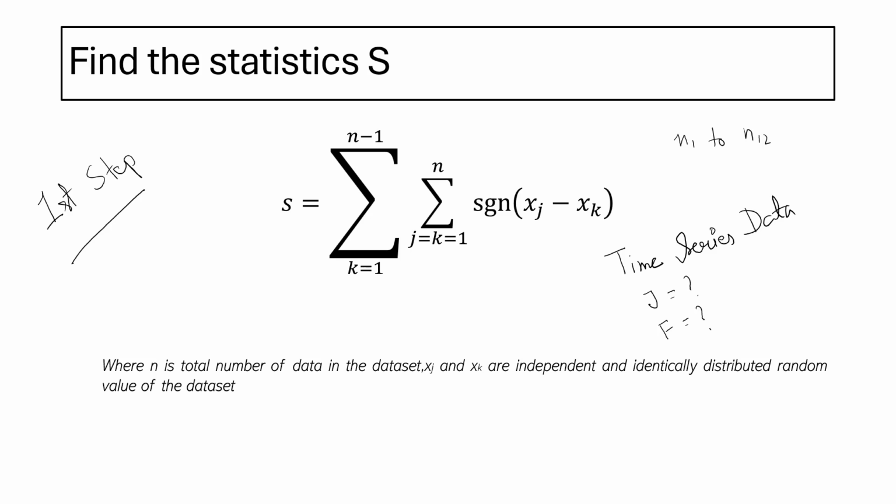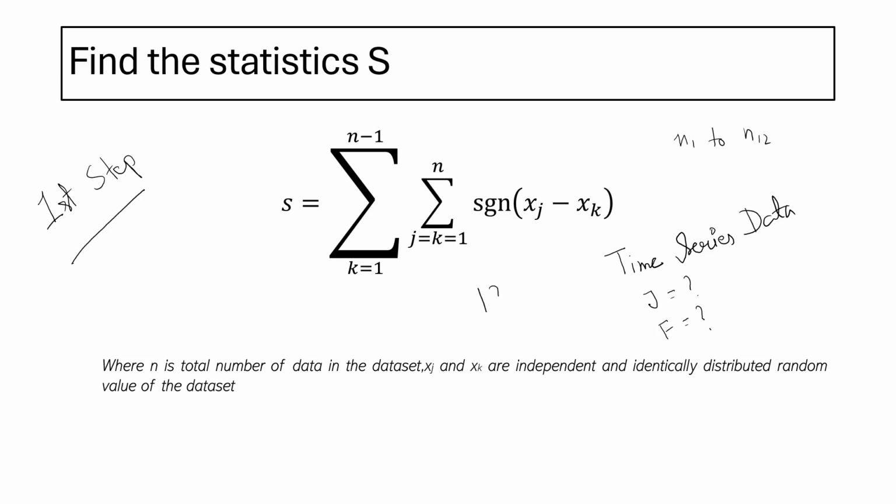Second, as a first step, you will try to analyze each of the data with each of the other data and try to find out whether the other data is greater than or less than your current data. That is the main thing that you must do.